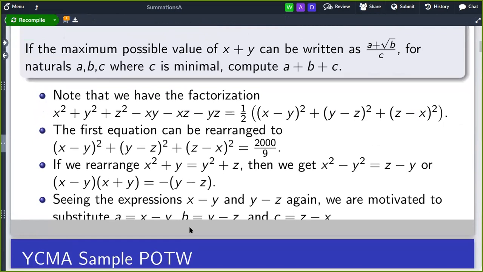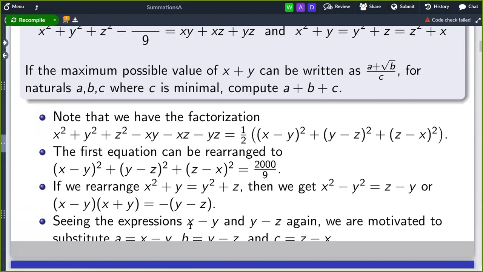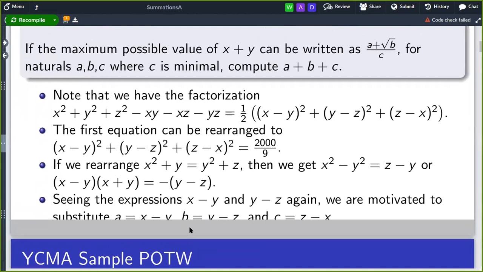The first thing we notice about the substitution is that if we add a, b, and c, we get 0. So a plus b plus c is 0.